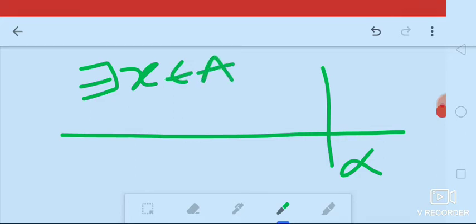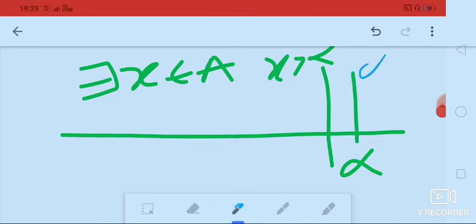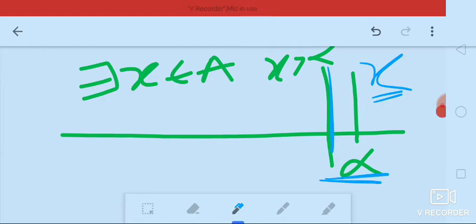At least one element x belongs to A is greater than alpha, so this x is on the right-hand side of alpha. At least one element crosses this vertical line. Then we say that alpha is not an upper bound of A.